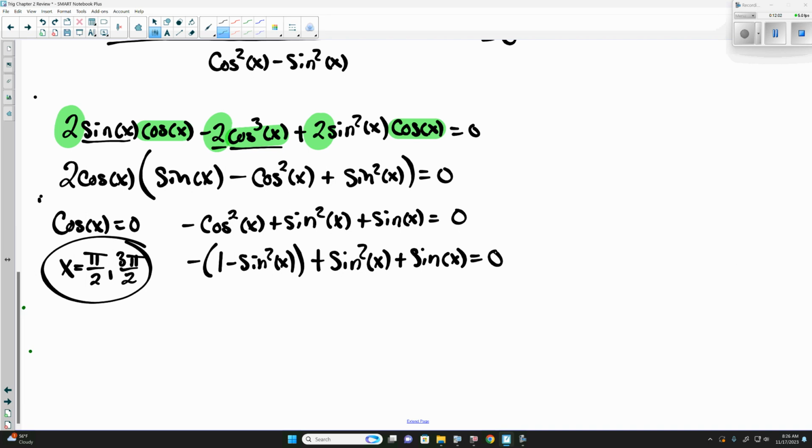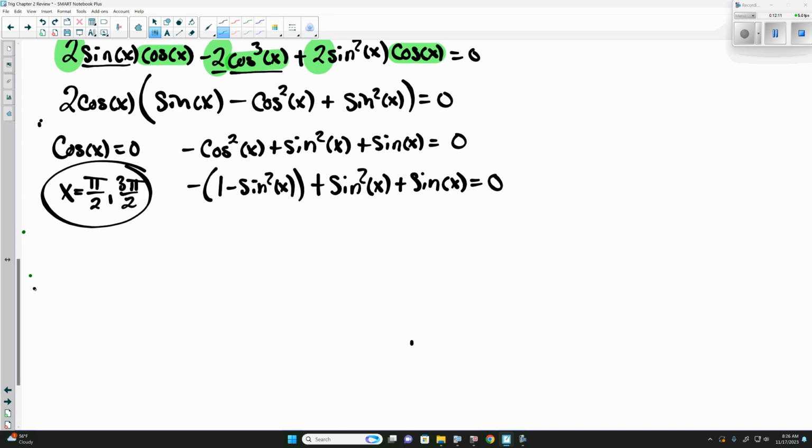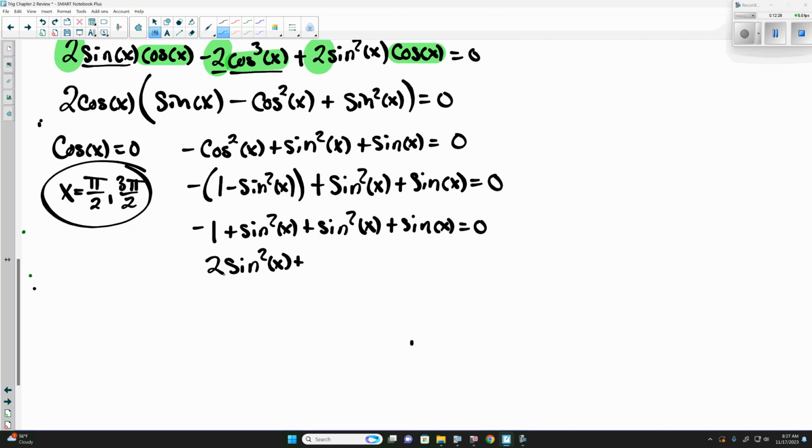Cosine squared is the same as 1 minus sine squared. Trigonometric identity. Now if we distribute the negative, we would have negative 1 plus sine squared of x plus sine squared of x plus sine of x is equal to 0. Really what we're saying is we have 2 sine squared of x, because we got 2 of them, plus sine of x minus 1 is equal to 0.